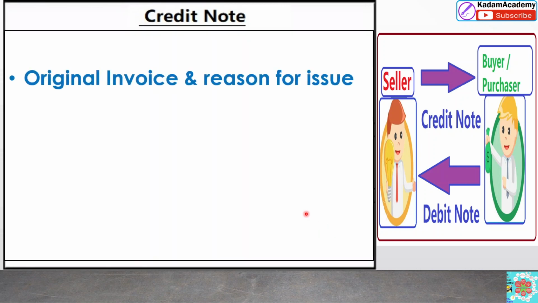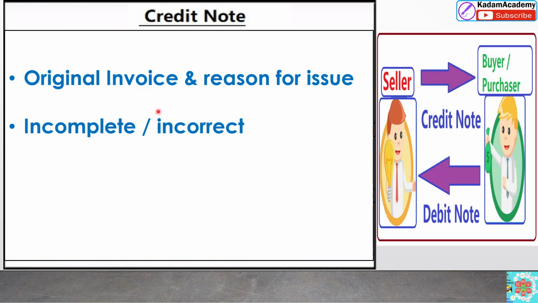So friends, a credit note is issued against the original invoice. When it is provided, it usually refers to the original invoice, and sometimes states the reason for issue. The reason for issuing this credit note is also mentioned in that credit note.